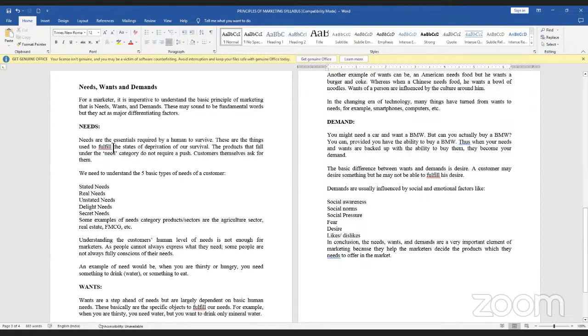Can you survive without food and water? No, right? So these are states of deprivation of our survival, and they need to be fulfilled.